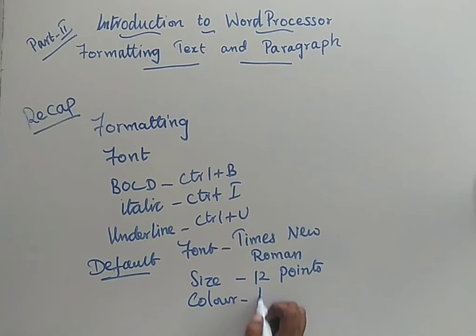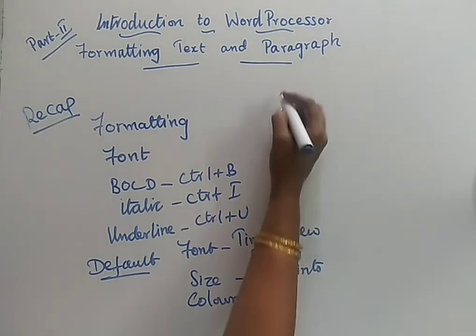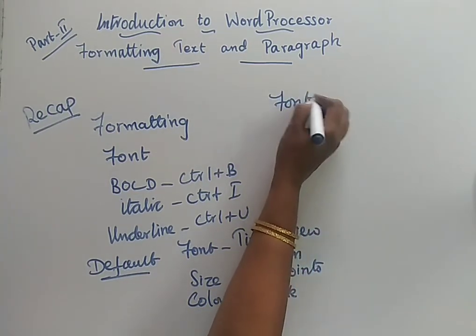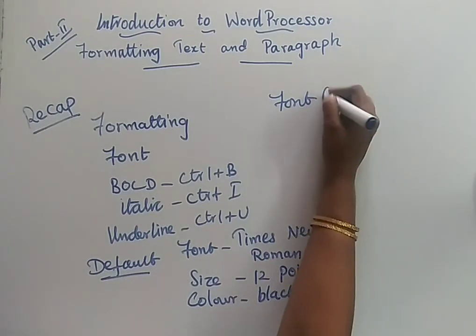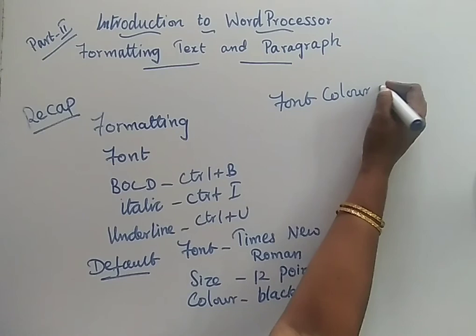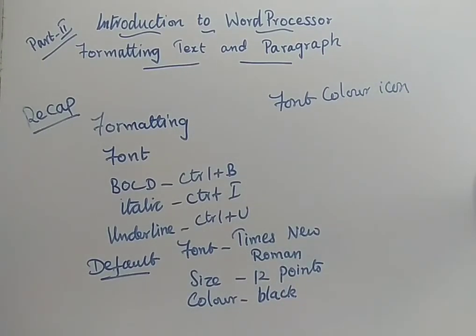It is black. How can you change the default color? You can change it by clicking the font color icon. Then immediately the color palette will be displayed, and from that you select the color.